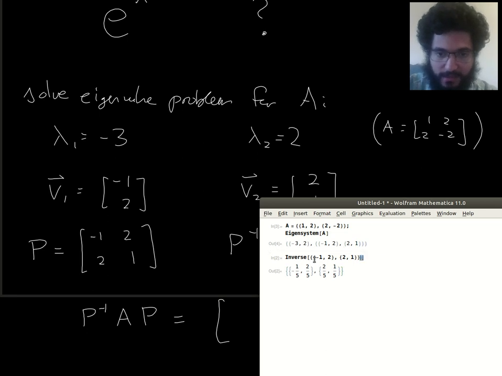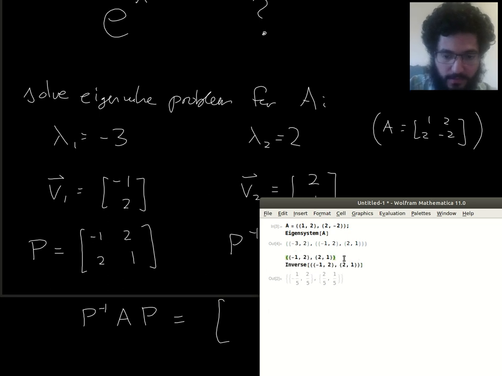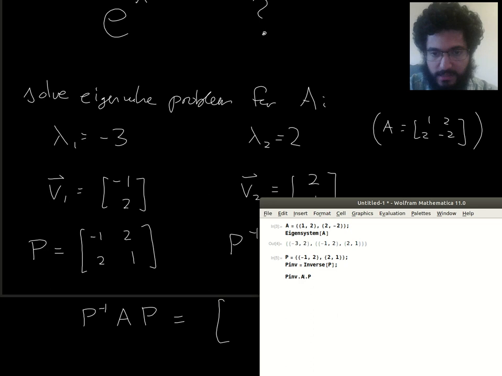And then let's call this matrix P. And then P inverse will be the inverse of P. Then if I did this right, P inverse times A times P. If you're using Mathematica, then this dot is the way to multiply matrices together.